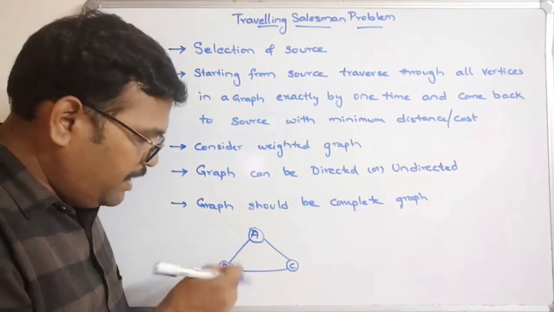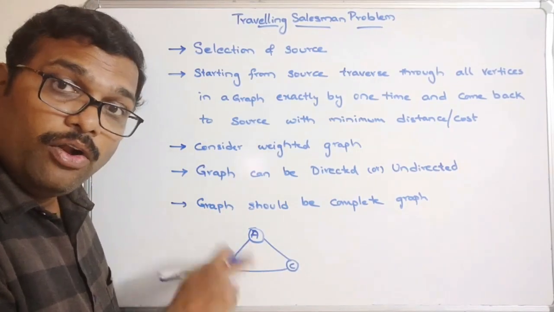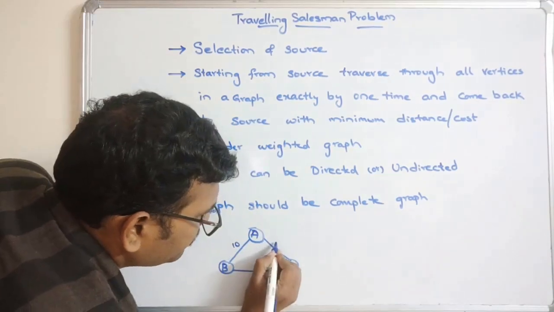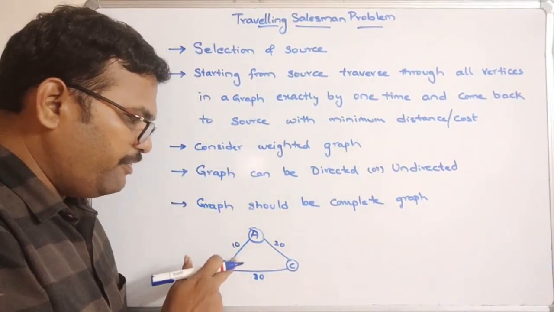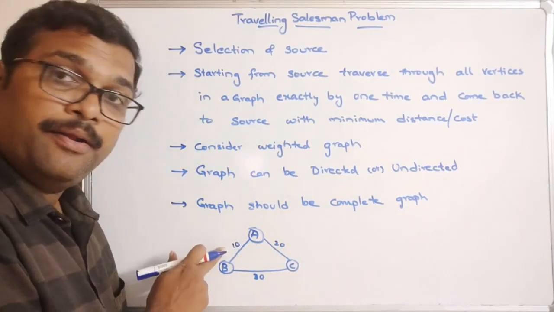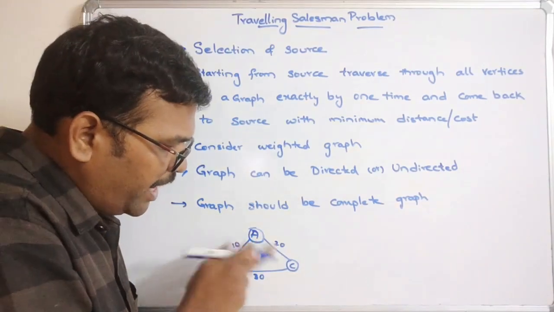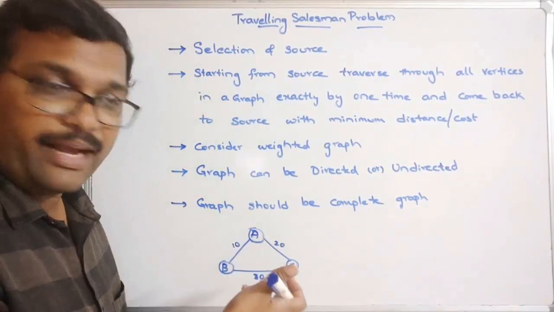So we can say this is an edge between A and B and also B and A. For example, let us take the distance. So this implies the distance between A and B is 10. Similarly, the distance between B and A is also 10. Distance between A and C is 20. Similarly, C and A also 20 because undirected.